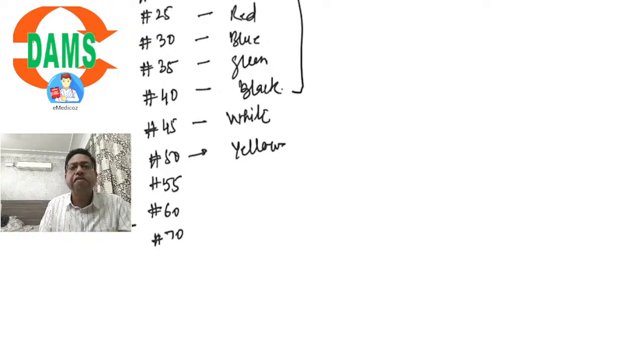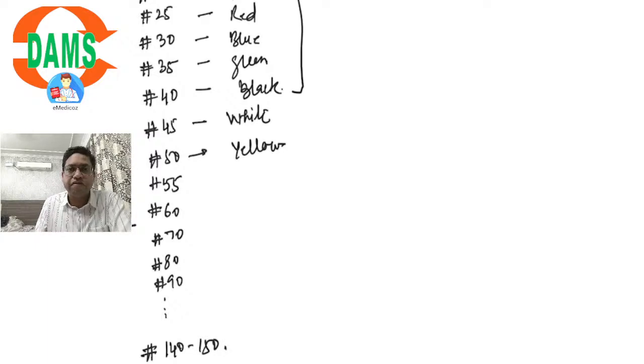So instead of 65, we have an instrument that is 70. Then we have 80, 90, and so on up to the commercially available 140 to 150 size. This is the array of hand instruments available for root canal preparation.